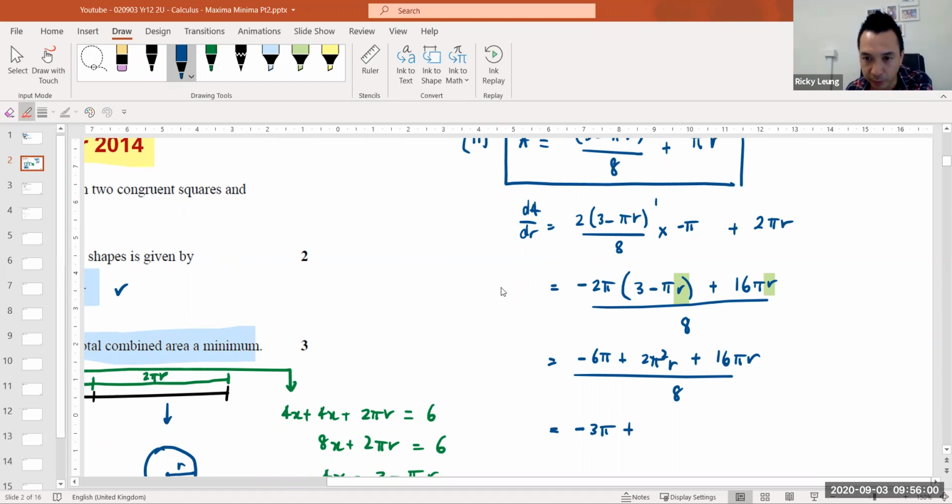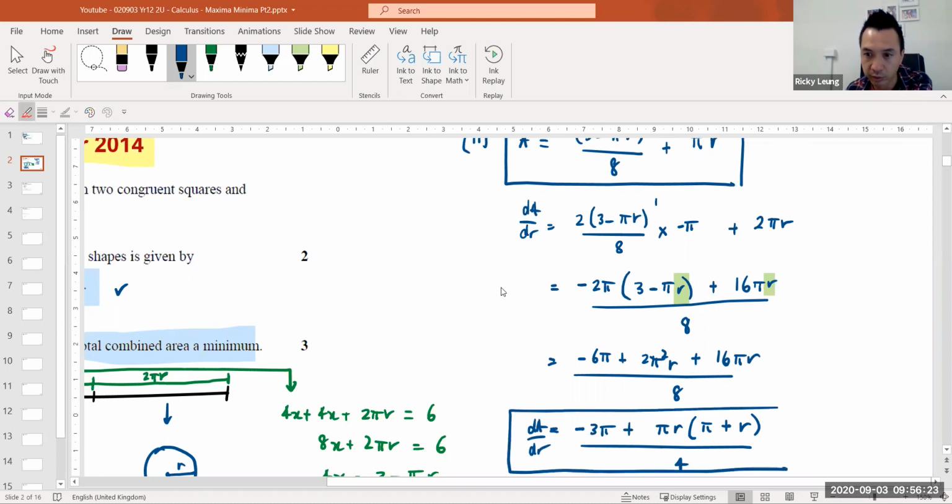So I'll put pi r outside, and that's pi plus 8, and that's r all over 4. And that is my derivative. I suspect out of 3 marks, getting the derivative itself might be 1 mark.